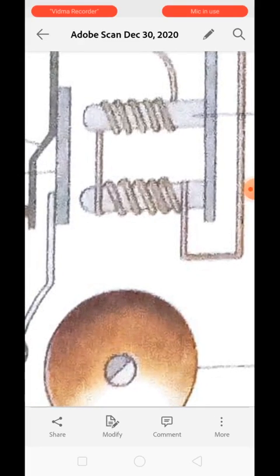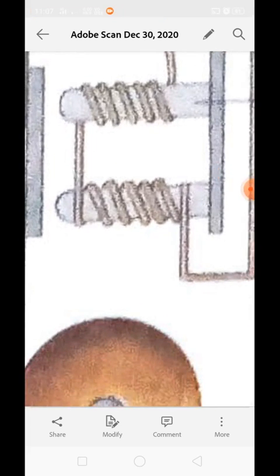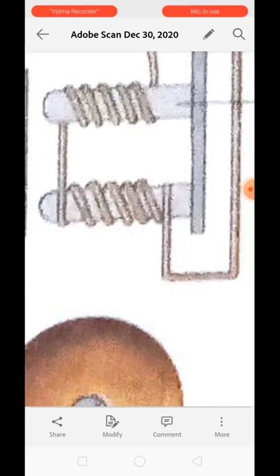Whenever the push button is on, the current will flow and this U-shaped electromagnet will behave as a magnet, because the magnetic property of this U-shaped is based on the availability of current. So whenever the current flows, this will act as an electromagnet.